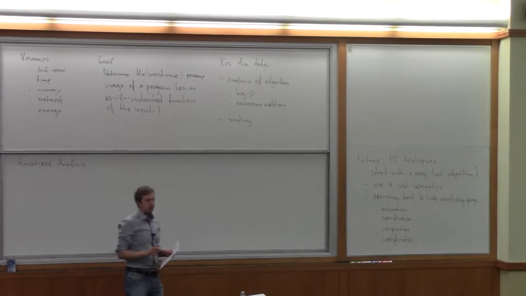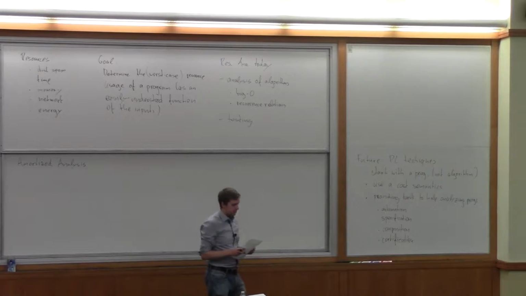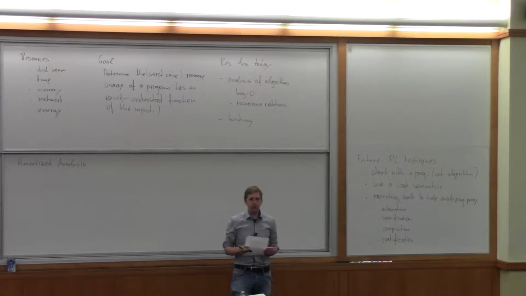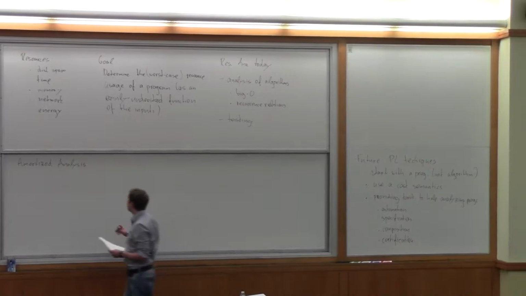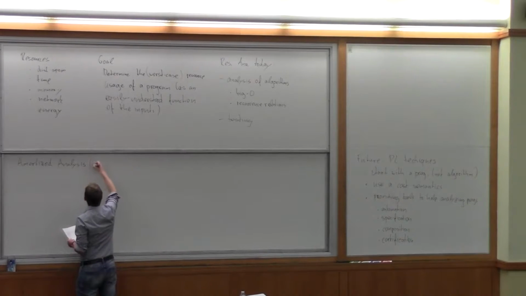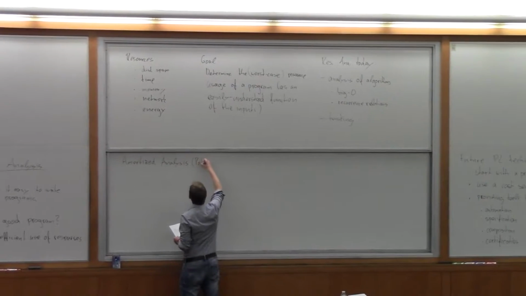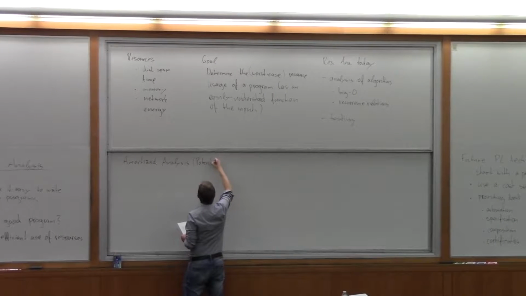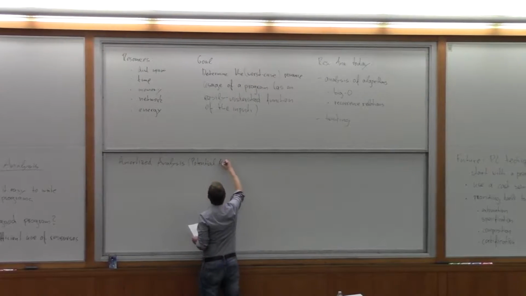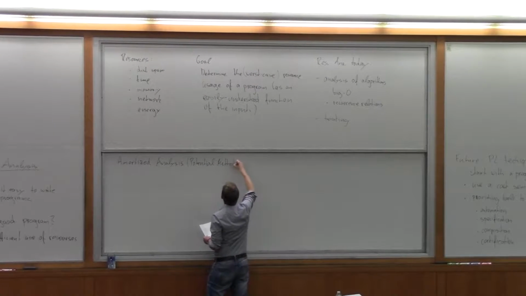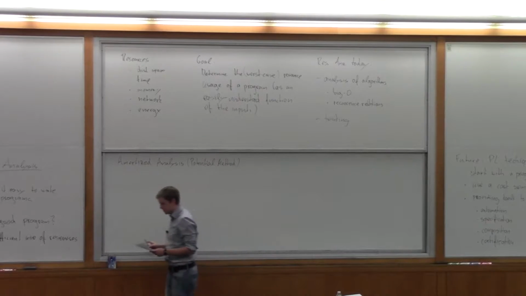It was done by the theory people, by Tarjan and Sleator, to analyze data structures and algorithms. Specifically, there are different versions of it, and we're going to use the potential method.